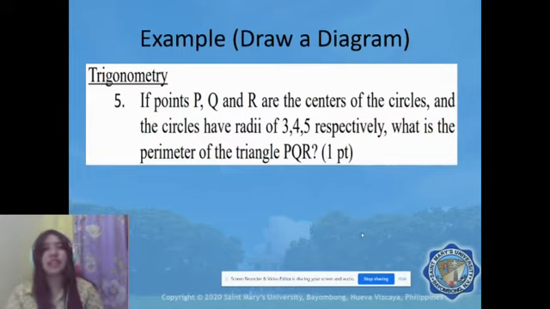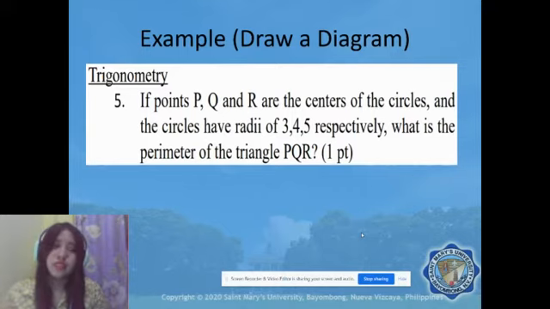Okay, let's have an example. This example is draw a diagram. This is a trigonometry problem. If points P, Q, and R are the centers of the circles, and the circles have radii of 3, 4, 5, respectively, what is the perimeter of the triangle PQR?